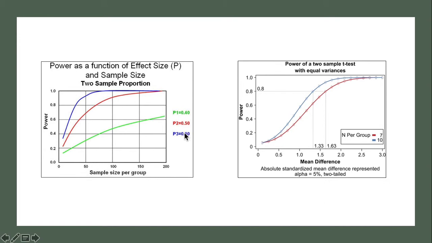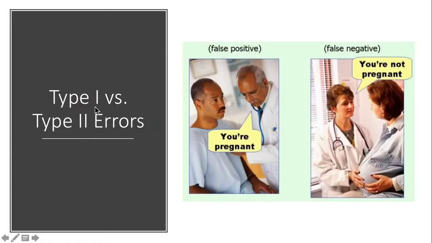So if we look here at the green line, which is probability 1, the smaller effect size, you can see here that we can't get past just above 60% with 200 subjects with this example. However, when we look at a p-value of 0.5, we're achieving over 80%, we're getting 80% power at a sample size of probably 60.